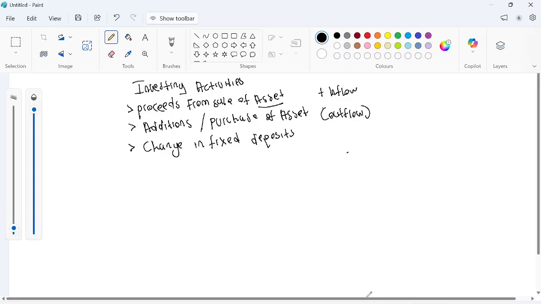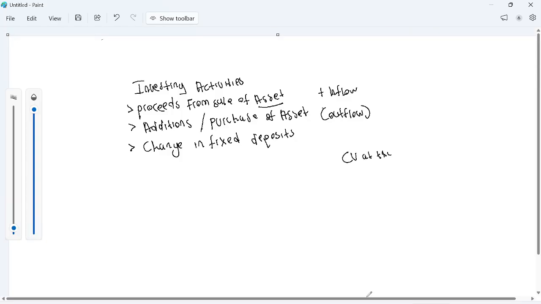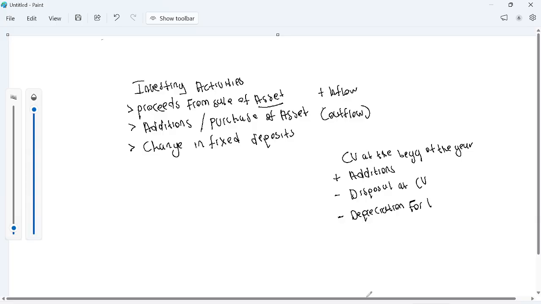Let's say you're having your carrying value at the beginning of the year plus your additions minus your disposal at carrying value minus depreciation for the year gives us what? It gives us carrying value at the end of the year.